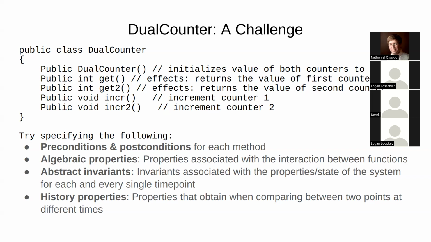If I have a dual counter D and I call get on it, and I get some value V, and then I call increment on this, and then I call get on it, how will its value relate to V?